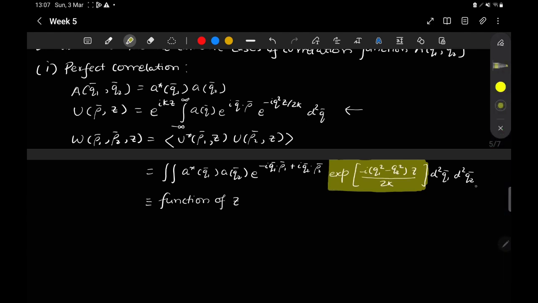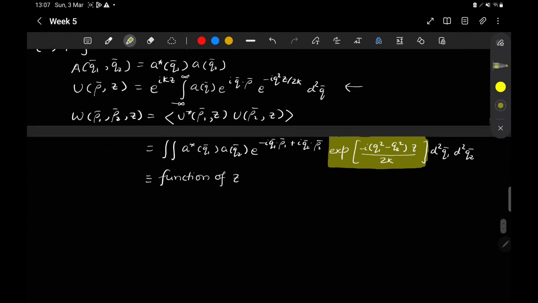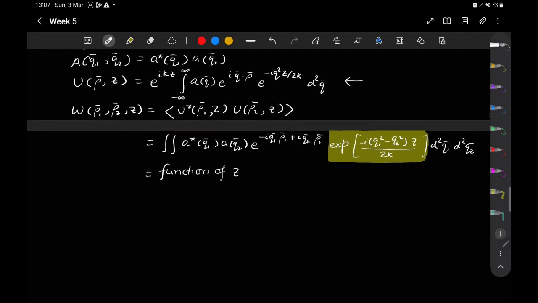Because the integral is over q1 and q2, q1 and q2 will get integrated out, but z will still remain. So this will be a function of z. It will not be possible for the coherence length to be independent of z, because W depends on z, therefore the coherence length will also depend on z.